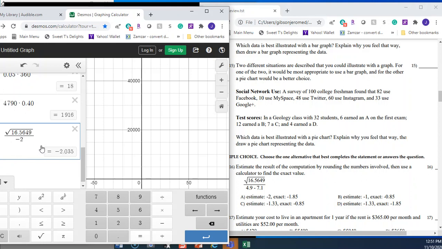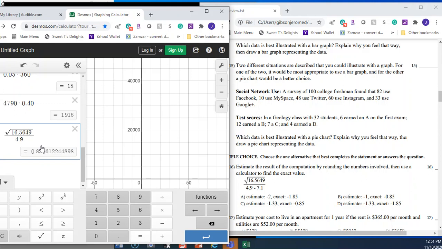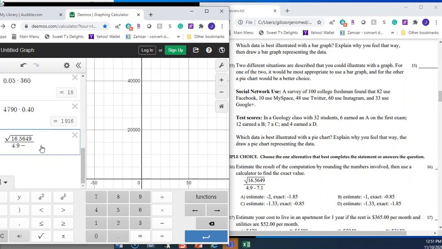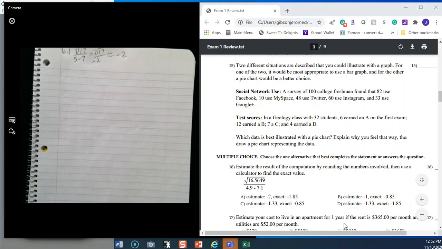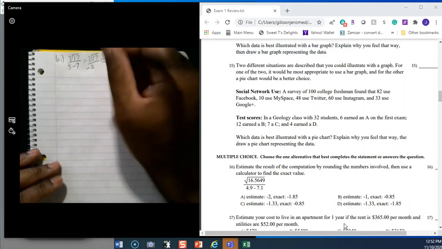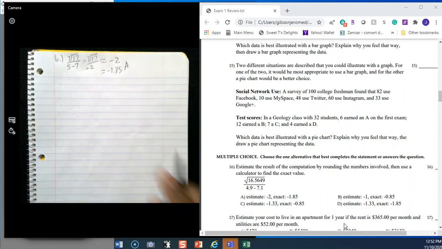The denominator, well, I guess we could type it out as is. 4.9 minus, what's that, 7.1. Yeah, and the exact value would be negative 1.85. So our answer here would be A. So the exact negative 1.85, the answer would be A.